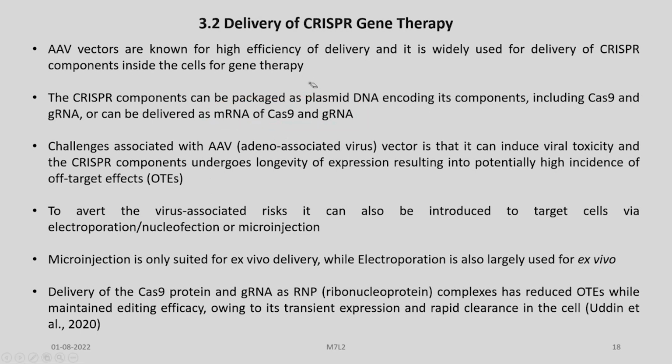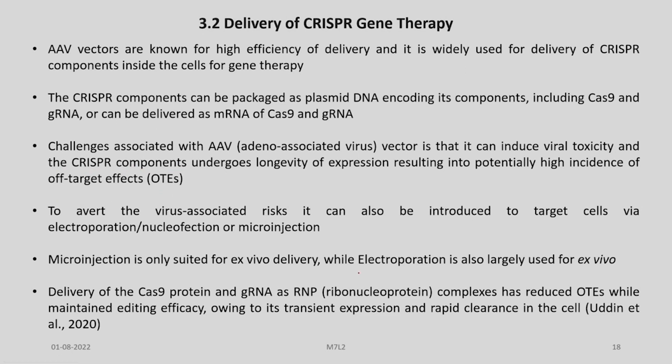The challenges associated with AAV vectors are that they can induce viral toxicity, and the CRISPR components undergo longevity of expression resulting in potentially high incidence of off targets. So, we will have some discussion on how to take care of these off targets in one of the sections later.